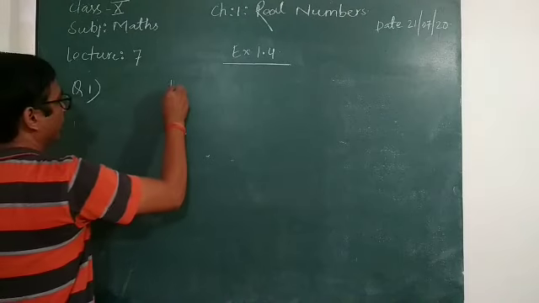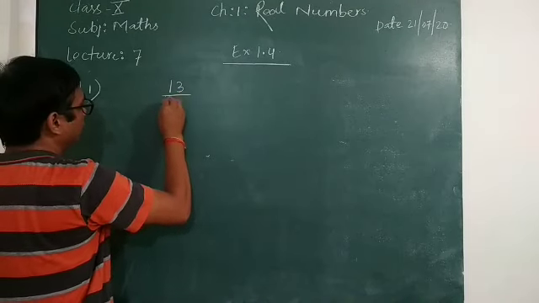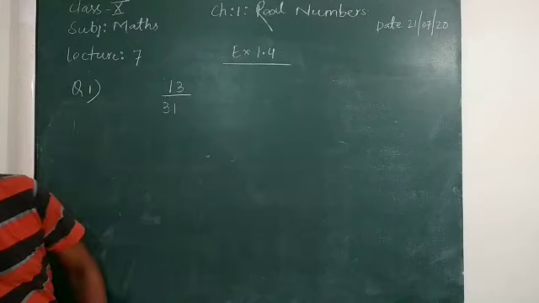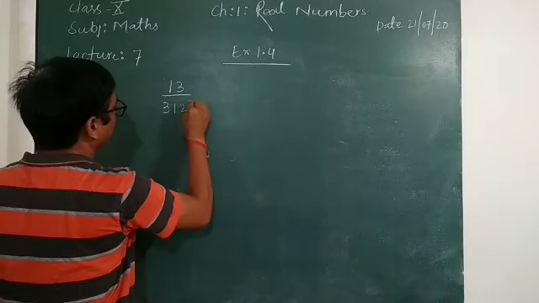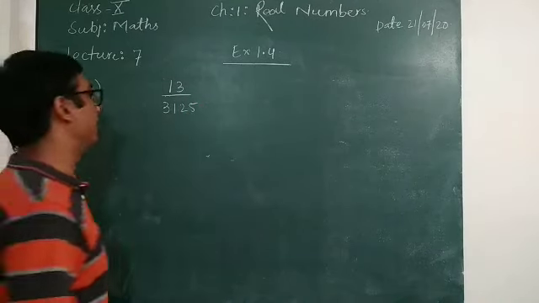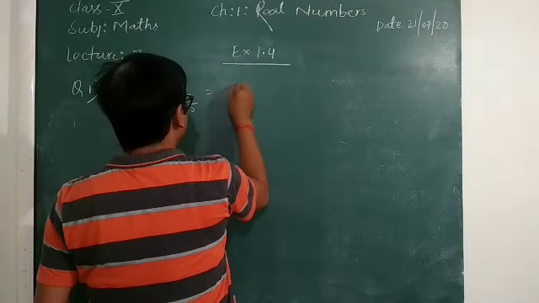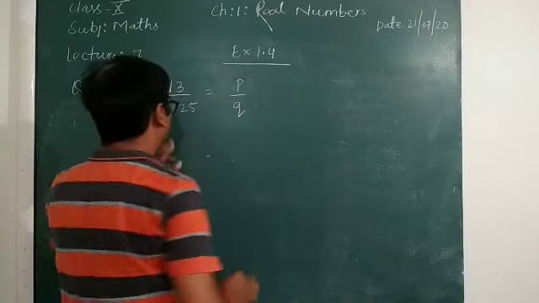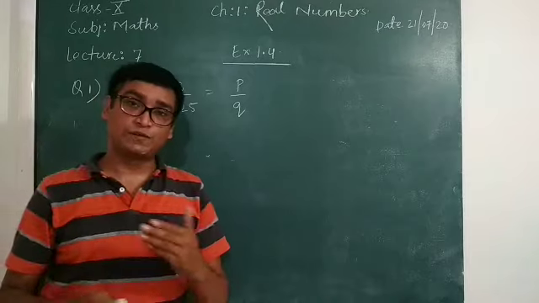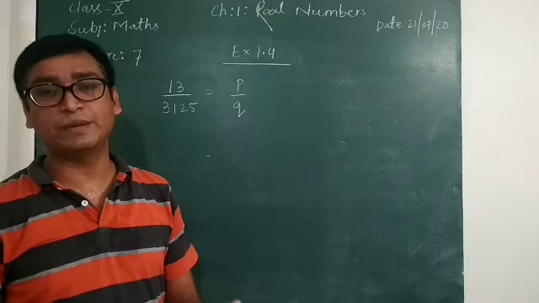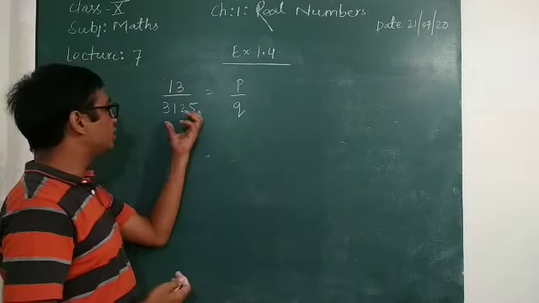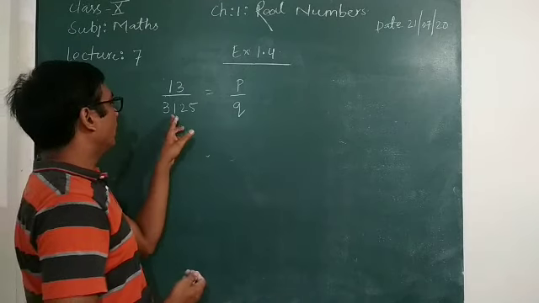So the first one is 13 upon 3125. This is in the form of p by q. I told you that to find out terminating or non-terminating, we first need to factorize q.